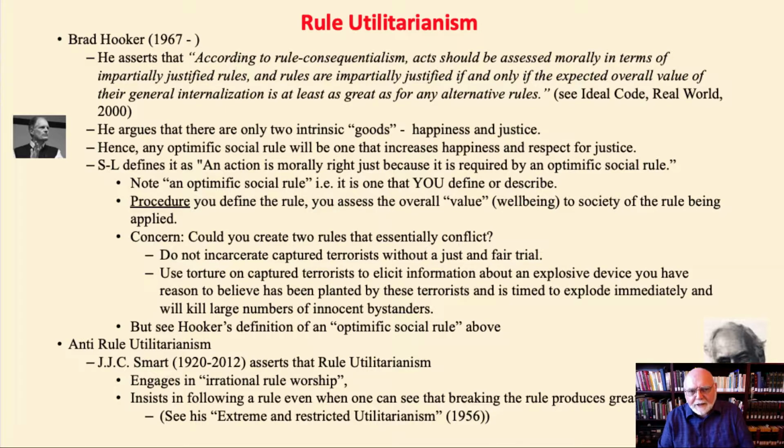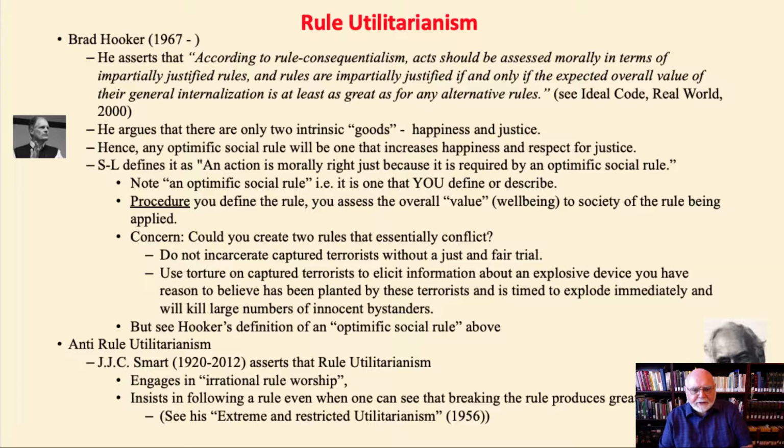We'll make some sense of that now by working through. Before we do that, let's observe that he includes as intrinsic goods both happiness and justice. And he's doing that to avoid some of the problems that come up in utilitarianism when some of the rules utilitarians provide end up guiding us in a direction of what J.J. Smart will later call irrational rule worship.